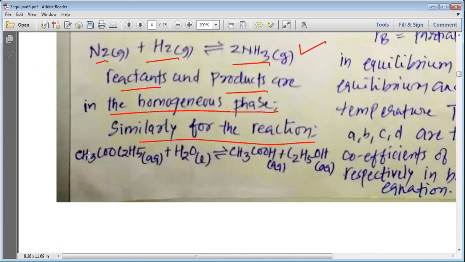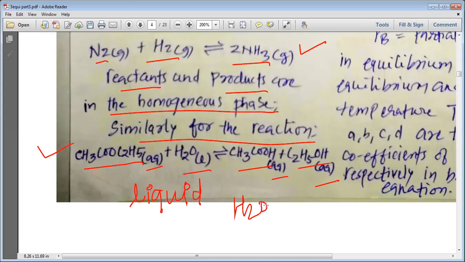Similarly, for this reaction, CH3COOC2H5 aqueous plus H2O liquid, that gives CH3COOH aqueous plus C2H5OH aqueous. Here all these are in their liquid phase, or you can say that they are in the aqueous phase, because H2O liquid is actually the solution of H2O in water.